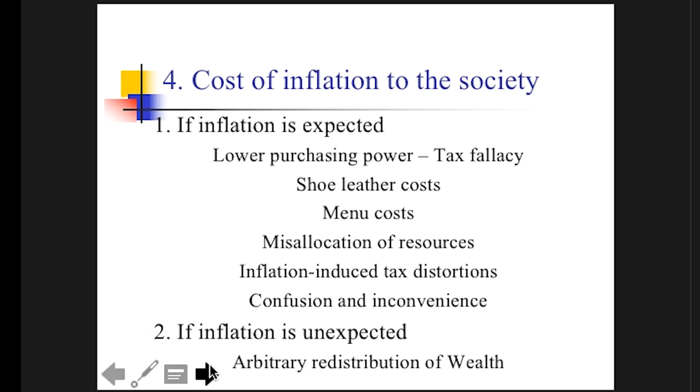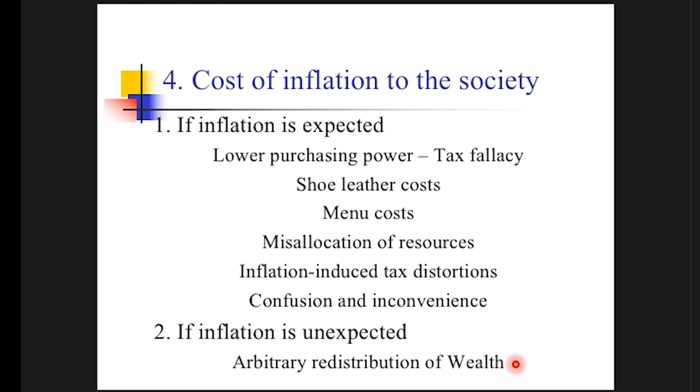So there is the arbitrary redistribution of wealth. So what does it mean? For example, when we make a contract in the bank, we expect that the inflation may be 5% and we require an interest rate of 7%.